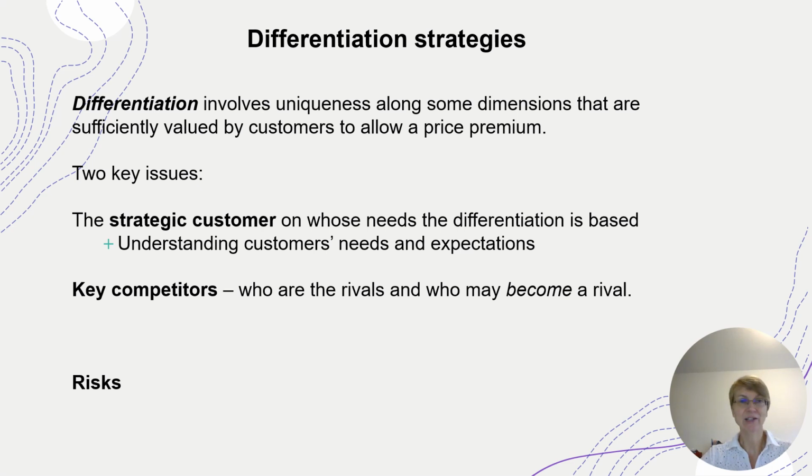So differentiation strategies involve uniqueness. The question is, what is the customer ready to pay? So what does the customer value, as we said? What is the differentiation that they expect? But also, are they willing to pay that high price for this, or would they go to the competitors?